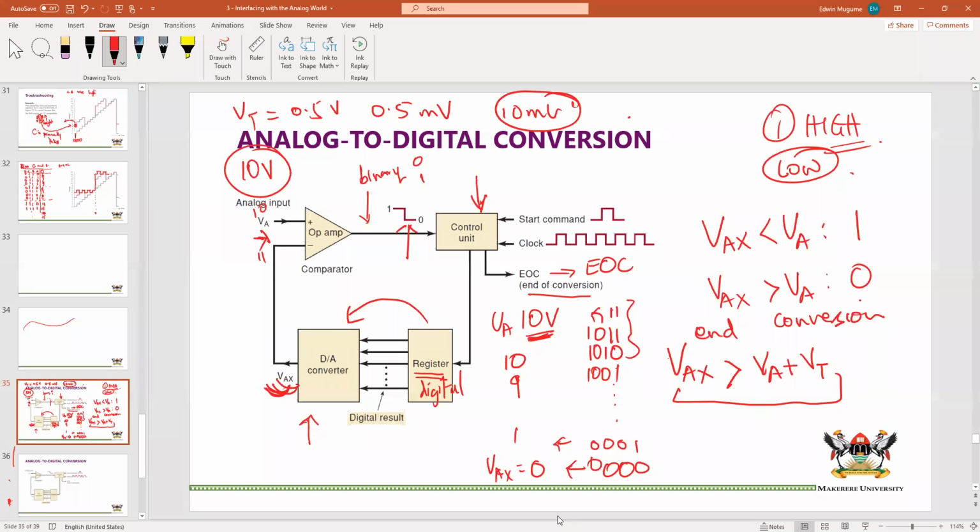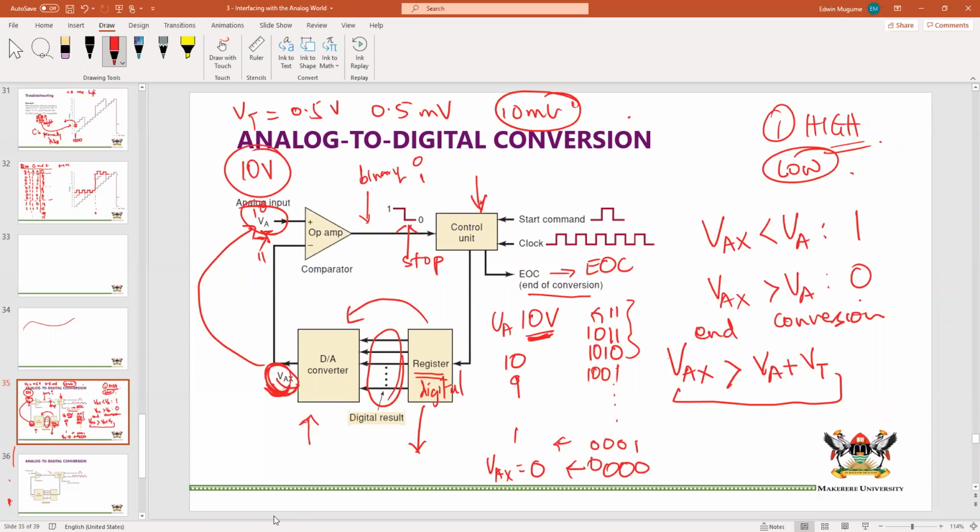Then we know that the number in this register, equivalent to VAX, which is only slightly greater than VA, is a good approximation of VA. This digital signal is a good approximation of VA, and we just draw it out of the register and take it as our equivalent digital value output for the analog to digital conversion.